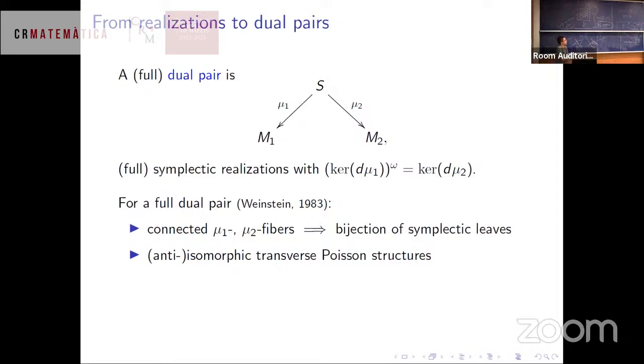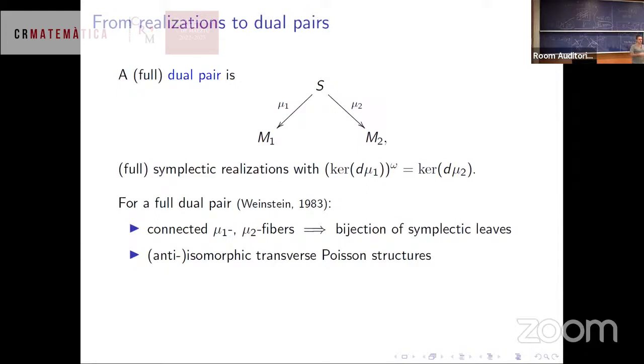Okay? So the story here is that this kind of correspondence looks like it really captures just the transverse geometry. So if you want to understand the Poisson manifold, or Poisson geometry up to symplectic leaves, then this is a nice way to make them correspond to one another.